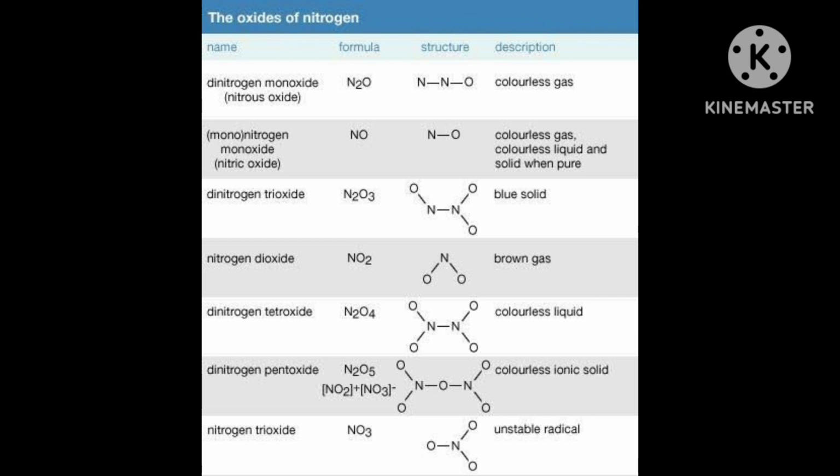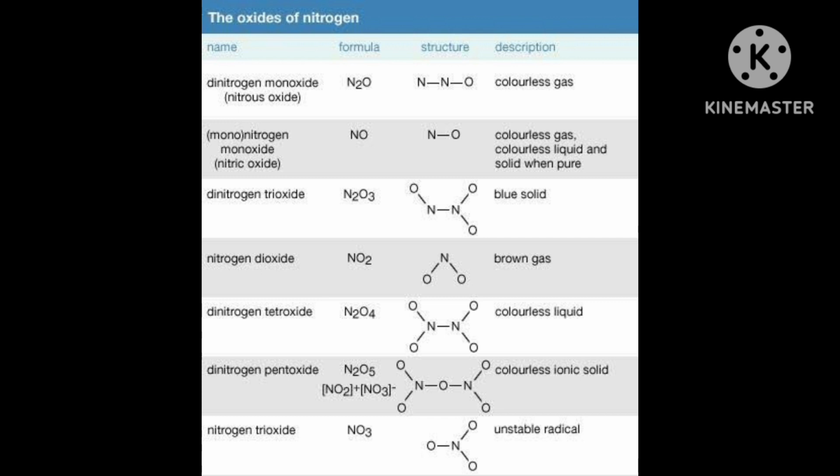Now I am talking about the third oxide, N2O3. See, 2 atoms of nitrogen and 3 atoms of oxygen are there. The N-N is a single bond. After that 3 oxygens are there.